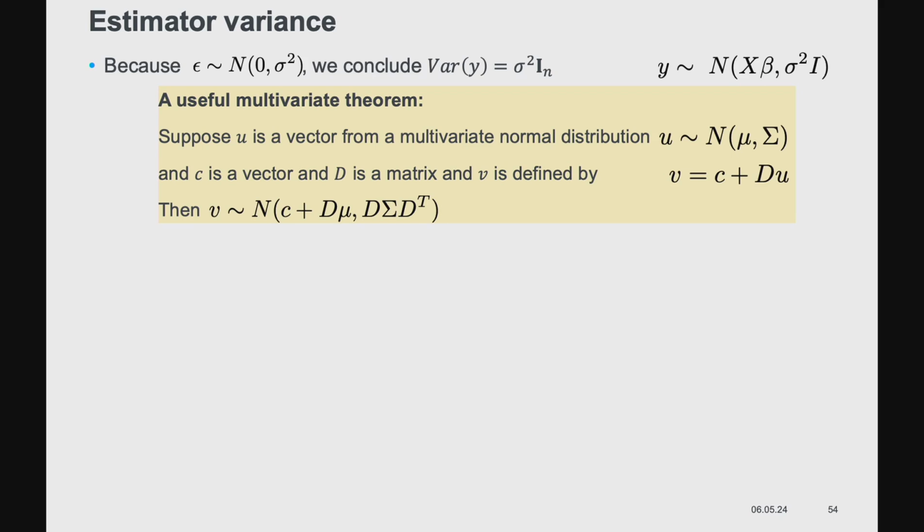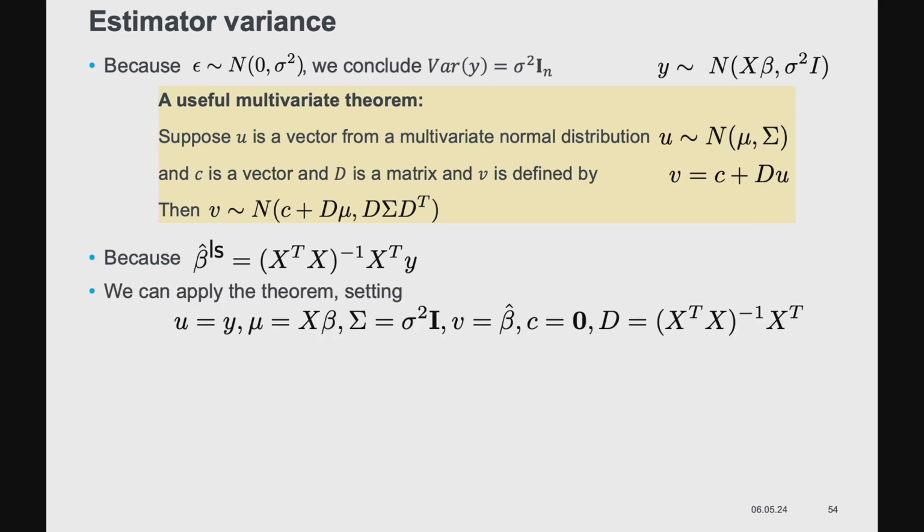and this matrix D modifies the covariance matrix. And since we have estimated our beta hat by these matrices, we can apply the theorem.